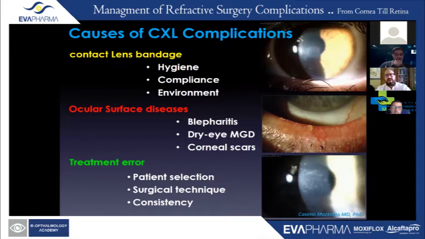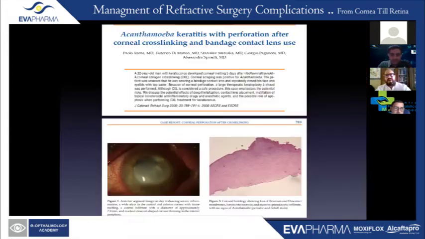Yes, I agree with Ashraf that it is a simple technique, but you need consistency to achieve results and to avoid complications. This is one of the cases of Acanthamoeba keratitis published by Paolo Rama in Italy.